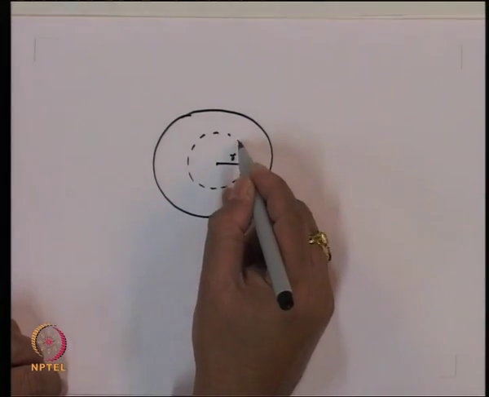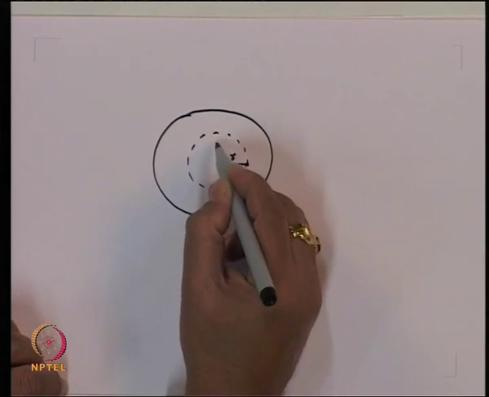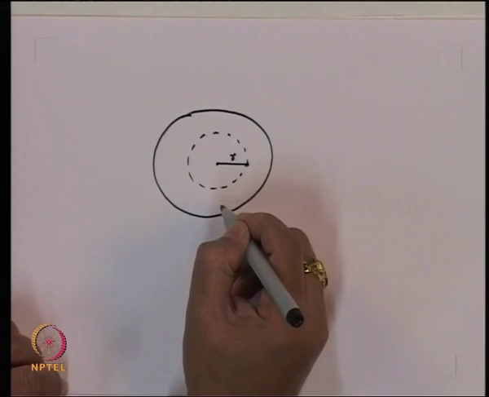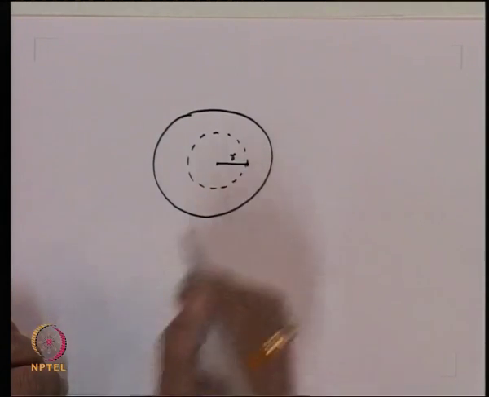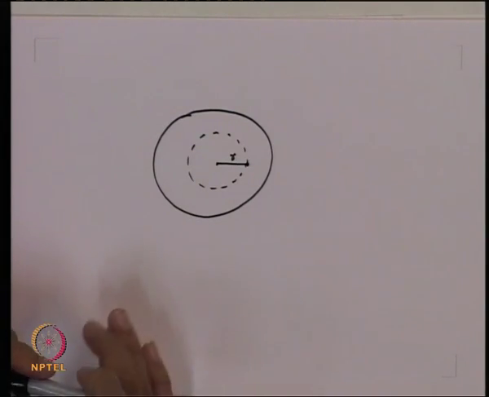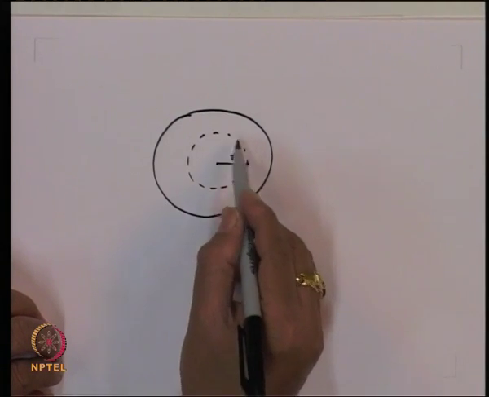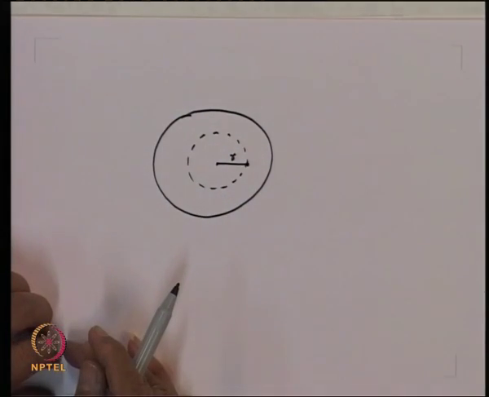So, as phi goes around this circle, when phi changes by 2 pi, you reach the same point, you come here. That means the functional form, this capital phi of phi, should be such that it is periodic over 2 pi.